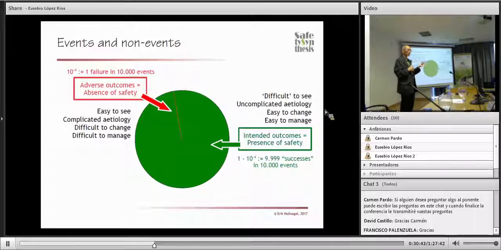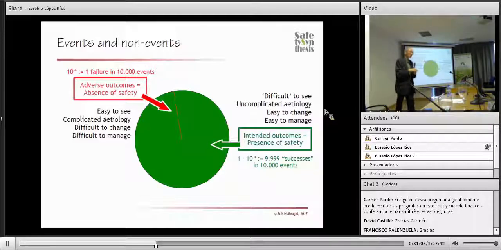It's quite difficult to change the system. It's quite difficult to manage it. That's why our systems are still very much unsafe, in the sense that we still have unwanted events. We still have accidents. Not many, but we can never get down to zero.